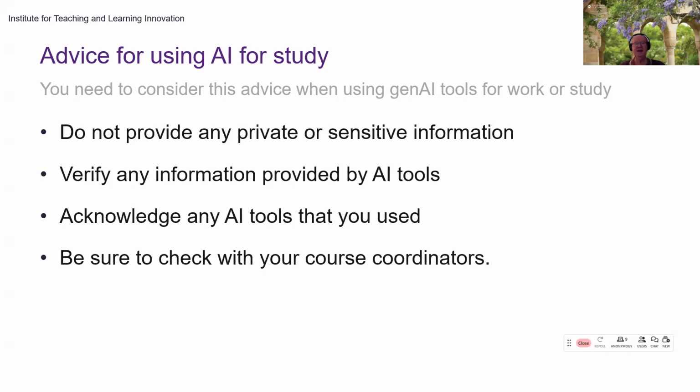Anything that comes out of an AI tool, make sure you check it, because we know that the information it provides isn't always accurate. There's a tendency for it to make it up sometimes. So always check with a second source. If it is used for any study work, make sure it's acknowledged, and of course check with your course coordinator again before it's being used. Thanks, Hong.